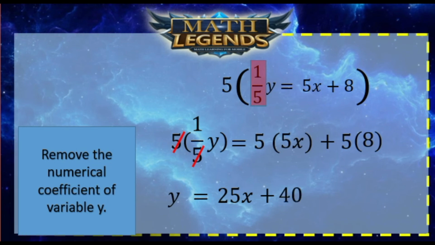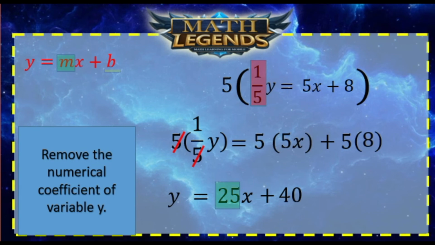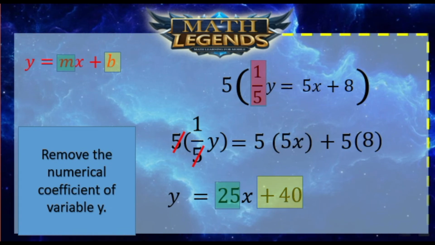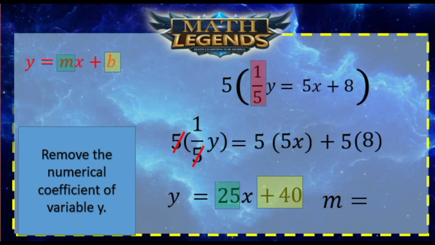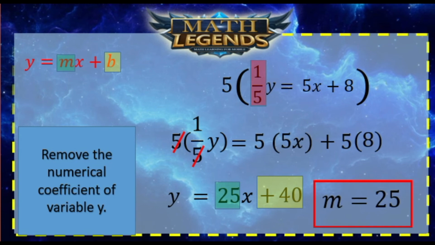So in our given equation, it is now in slope-intercept form, which is y is equal to mx plus b, wherein m is equivalent to 25 and b is equivalent to positive 40. Given this, the slope, which is the m, is equivalent to 25. Therefore, the slope of the given equation will be 25.